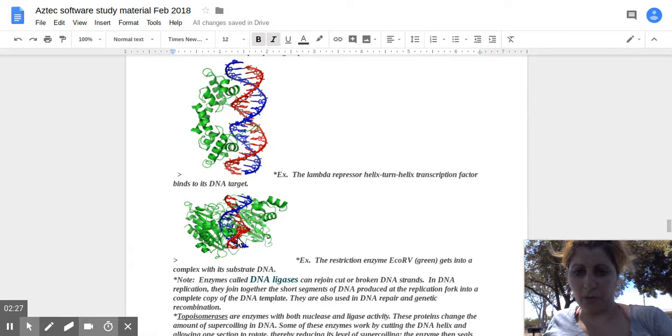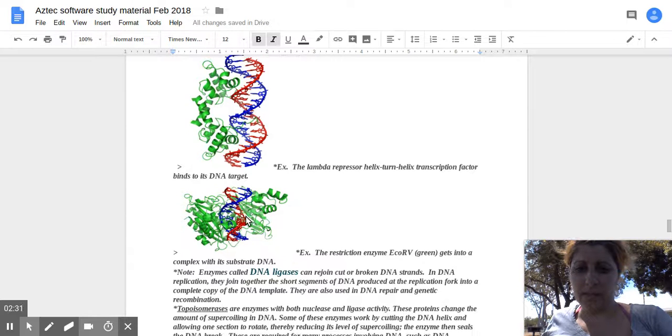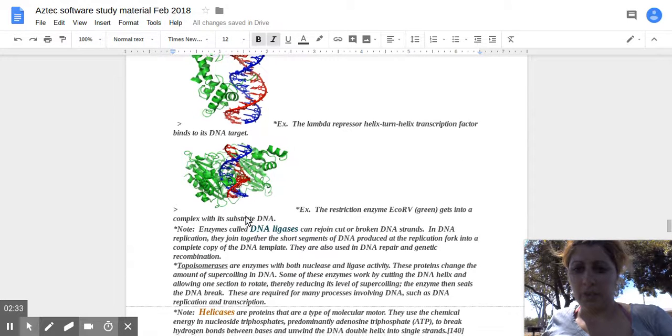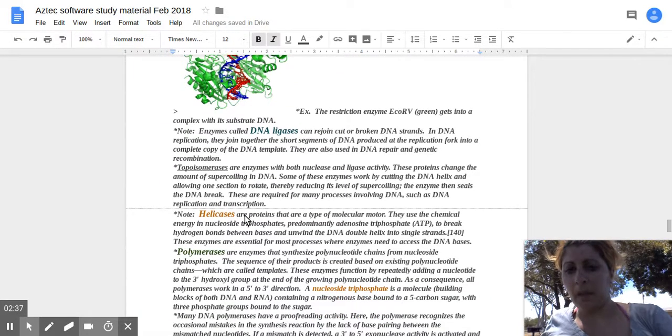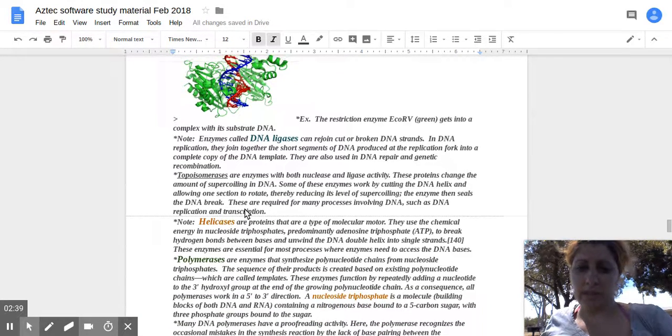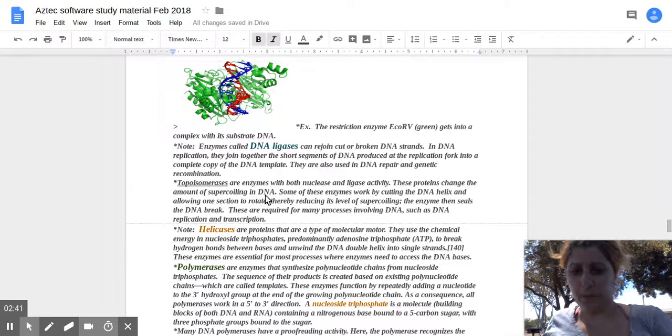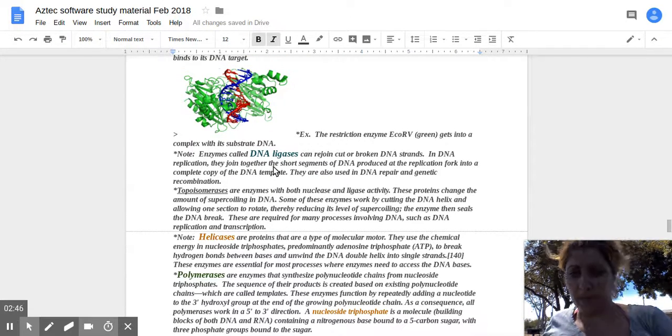So that's another protein that binds with DNA. These different kinds of proteins control the transcription and the expression of the DNA molecule. They control various aspects of how it is turned into RNA and how it is expressed, etc.